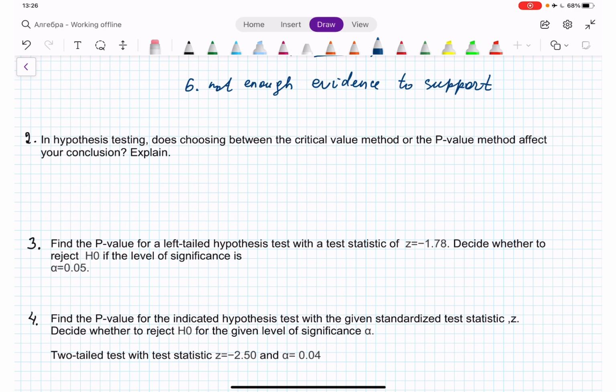No, you still get the correct solution, right? Therefore, same thing is here. No, because both compare test statistics and the level of significance. So in both cases, we are going to compare either test statistics or we're going to compare the p-value. So no, it doesn't make any difference.